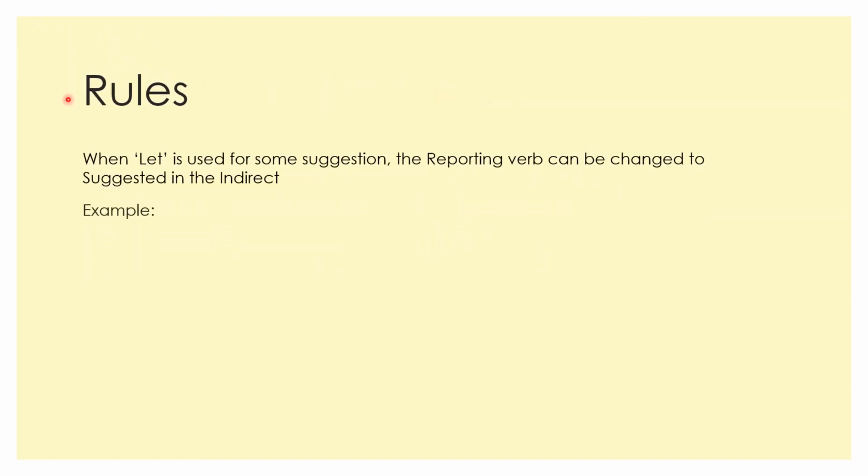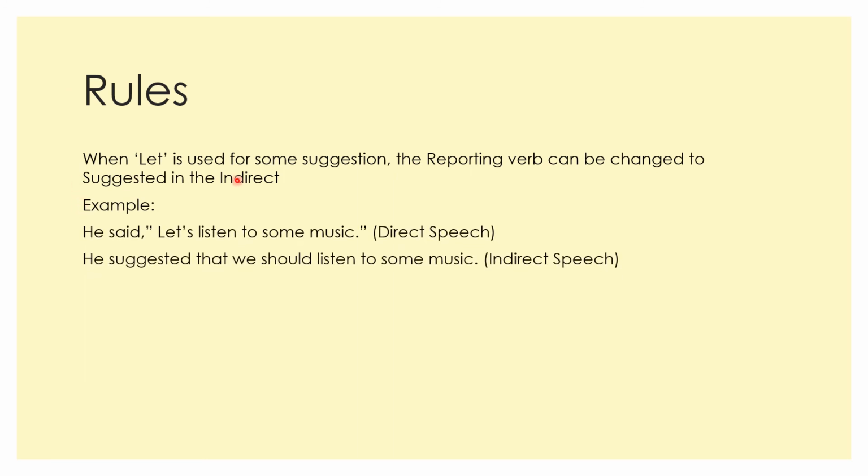The next rule for changing from direct to indirect speech. When let is used for some suggestion, the reporting verb can be changed to suggested in the indirect speech. Look at the following example. He said, "Let's listen to some music." So here, this is a sentence with let. It is used for some suggestion.